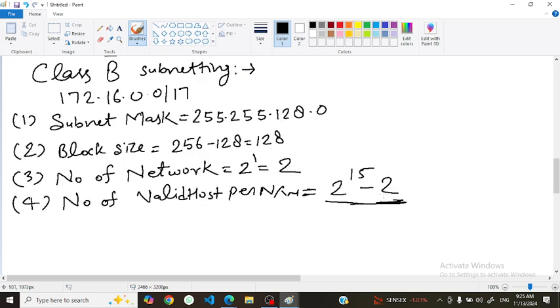So what will be the first IP? 172.16.0.0. So we will have to perform the changes in which block? This block only, because 17 comes under which block?